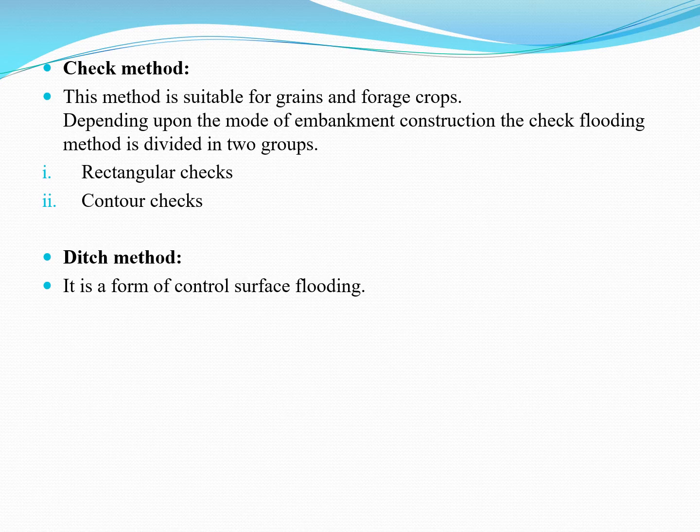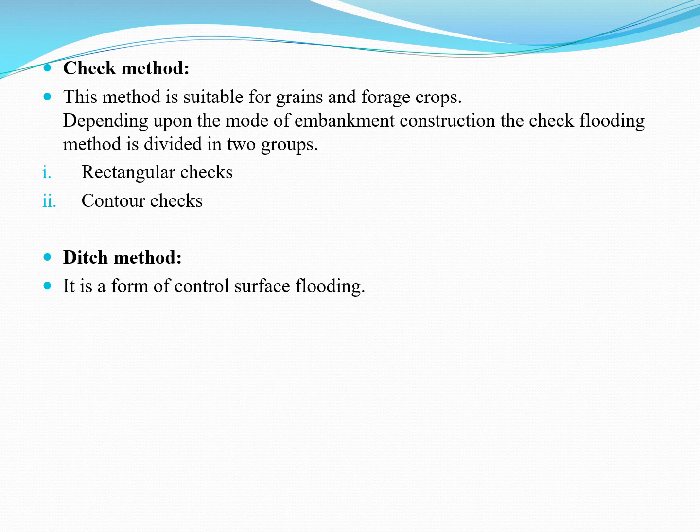The reason is that the water quickly spreads over that entire area before it goes deep below the root zone depth into the ground and joins the water table. And due to this, water loss due to infiltration is prevented or reduced.